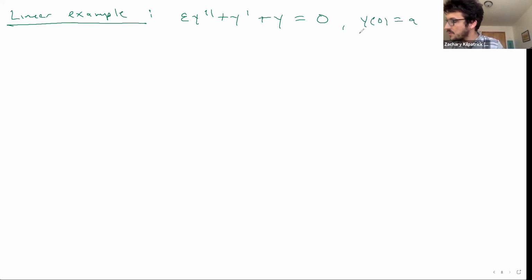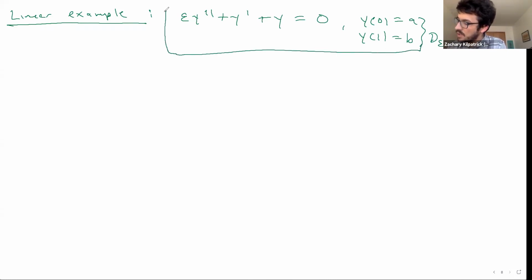So y(0) equals A, y(1) equals B, and D epsilon is going to be our total problem here, okay? And the version when epsilon equals 0 will be our D0 version, okay?